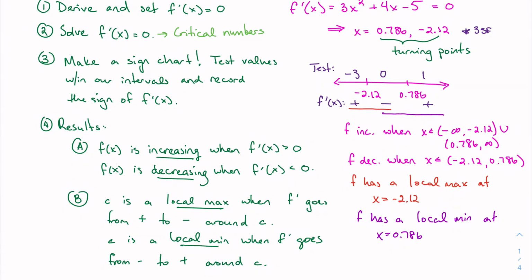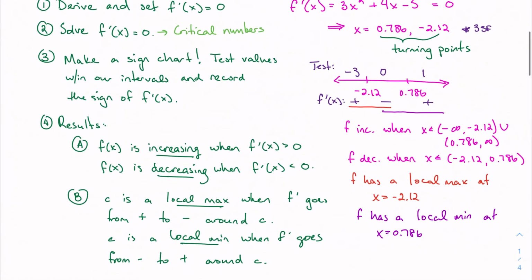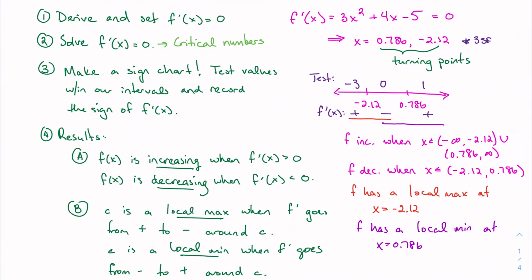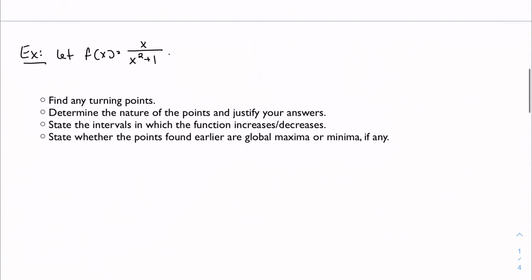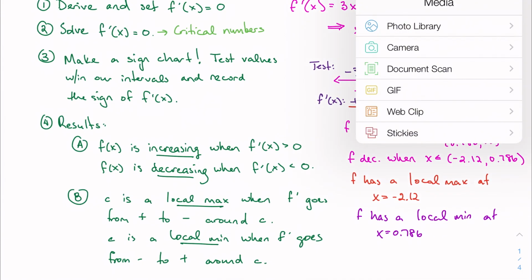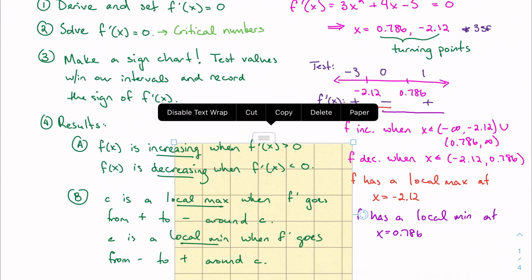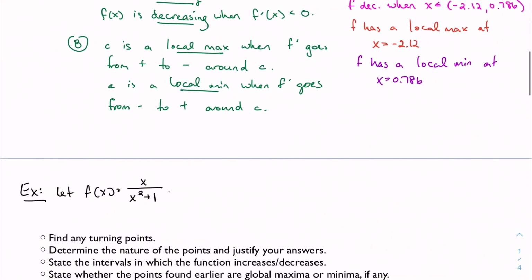I want to look at this graphically for a minute before I get to the next problem. So I'm going to need some room here. If I were to look at this graphically, maybe I'll just sketch it in the corner here.